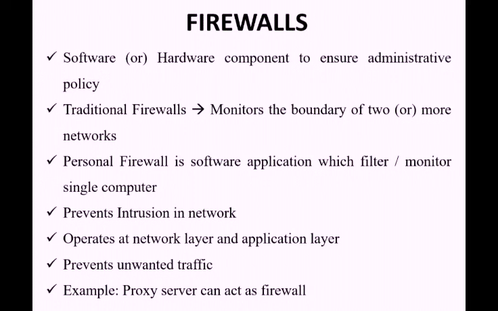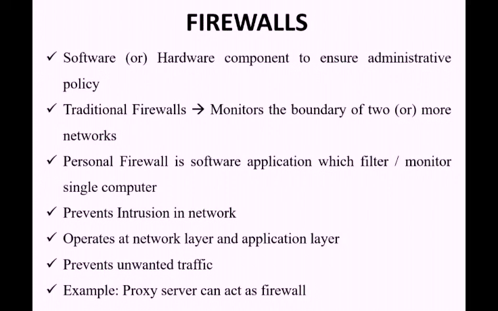Next, firewalls operate at the network layer and application layer. A network layer firewall operates at the network level of the TCP/IP protocol stack. It undertakes IP packet filtering, not allowing packets to pass the firewall unless they meet the rules defined by the firewall administrator.